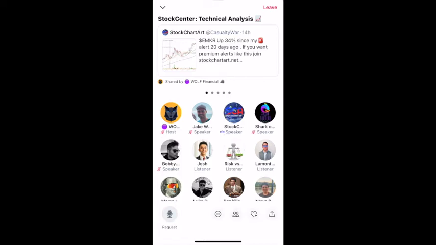I can't emphasize how important the volume is when it comes to the breakouts. If a breakout does not have high volume behind it, then you do not want to enter the position.